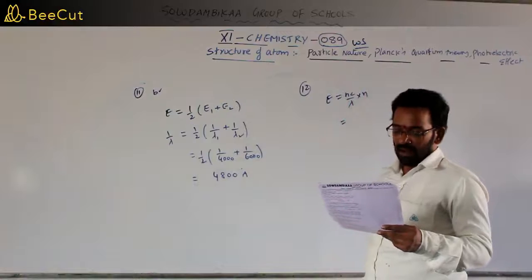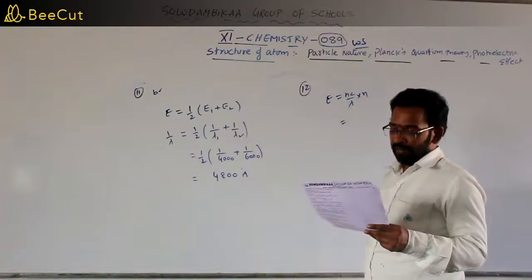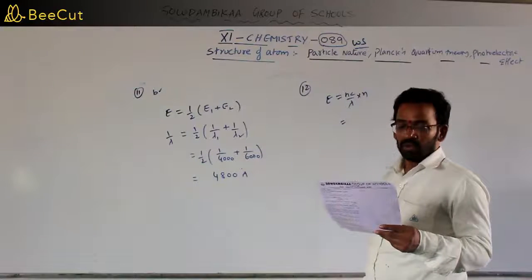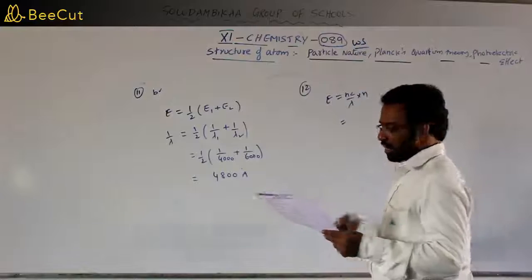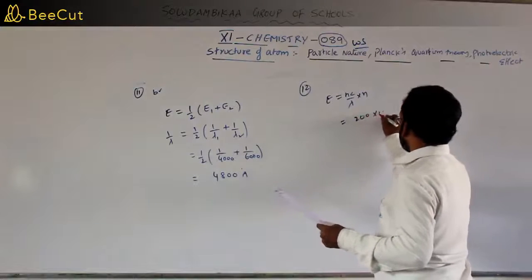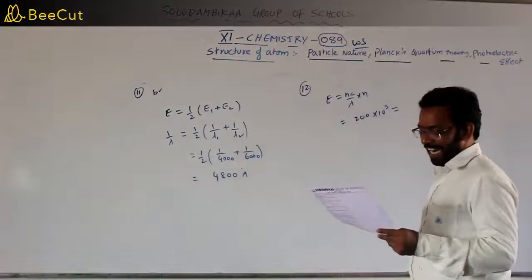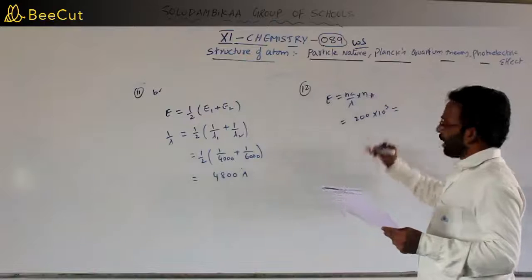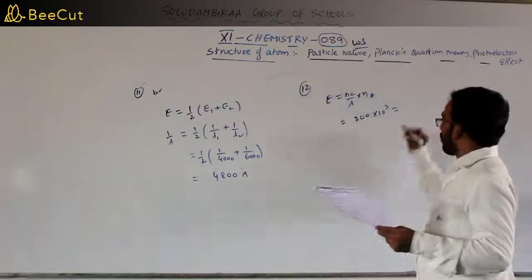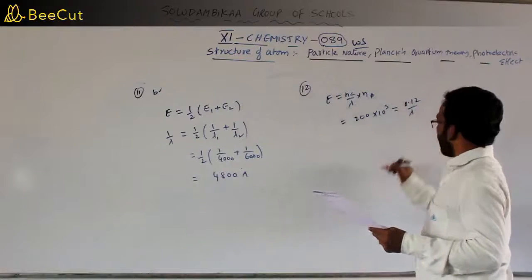The value is given as 200 kilojoules. So 200 into 10 power 3 is equal to Na hc, given as 0.12, divided by lambda.